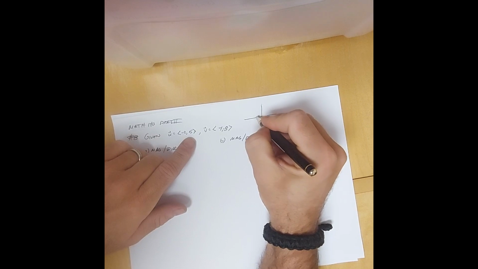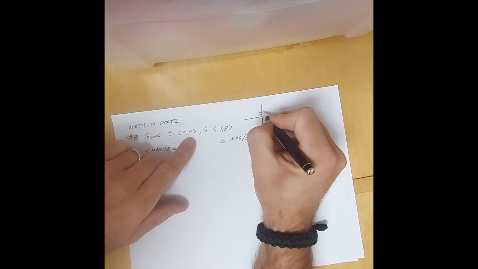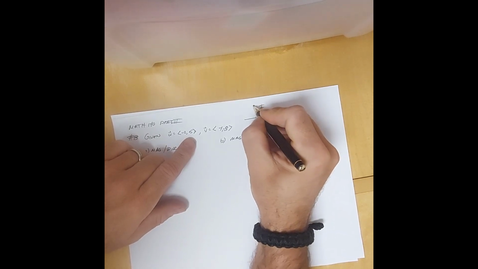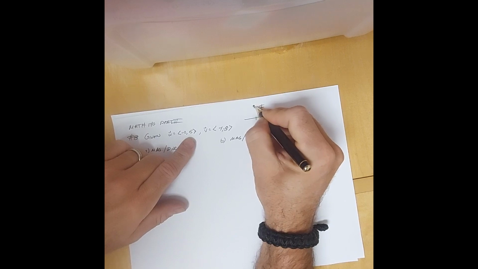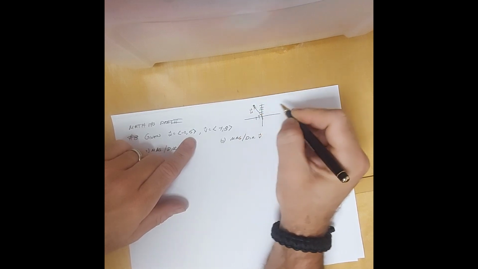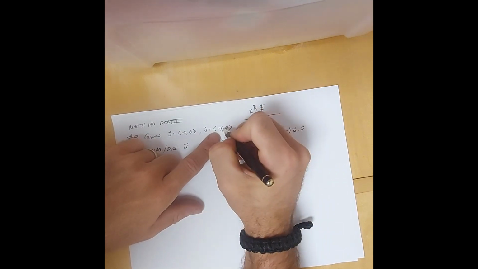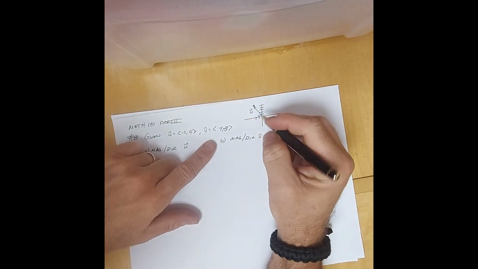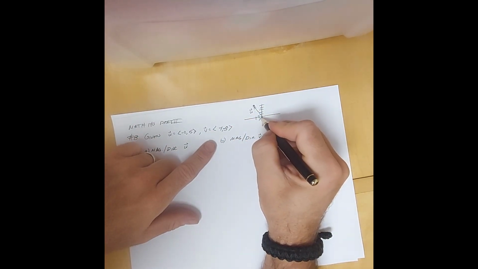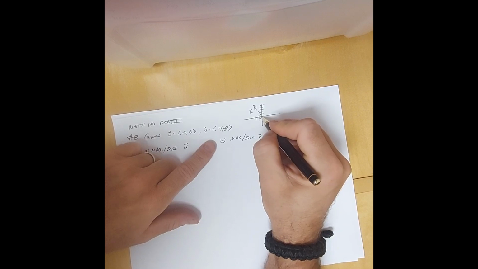So we're going to come over here at negative 2 and positive 5. Okay, so there is our first vector. This is u. And then our second vector is at negative 1, negative 8, and so that's going to be down here in the third quadrant.